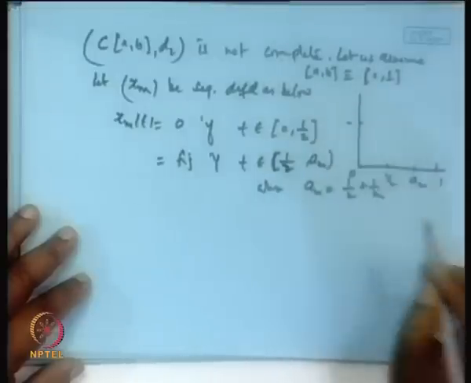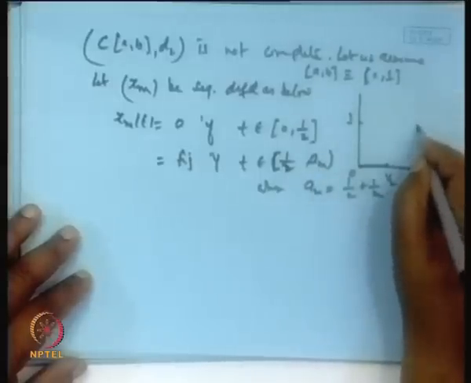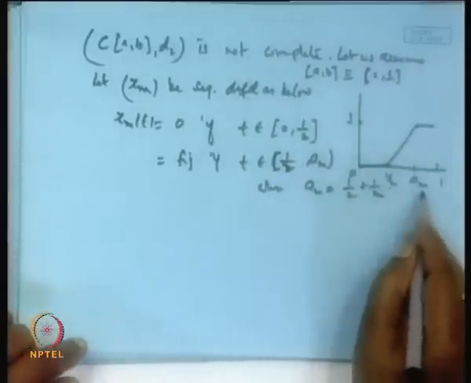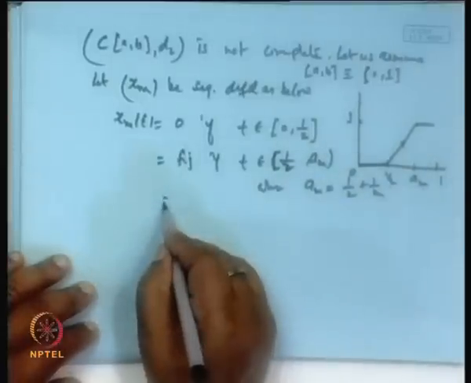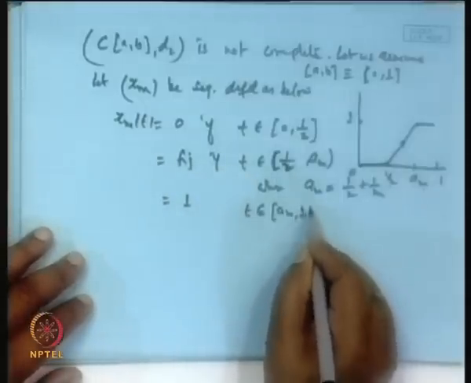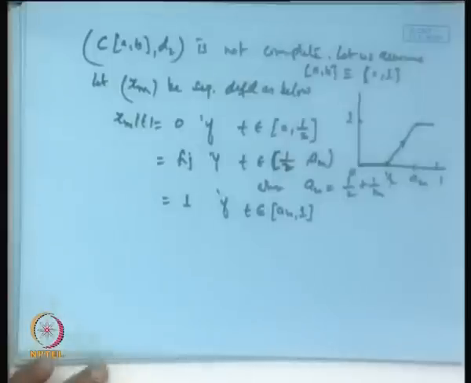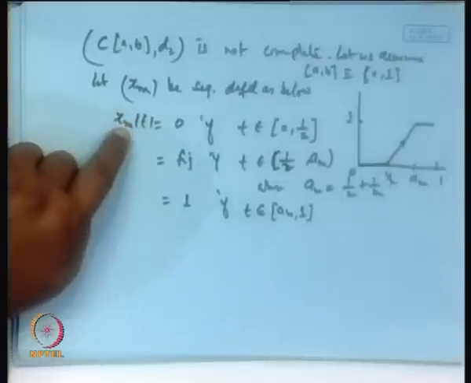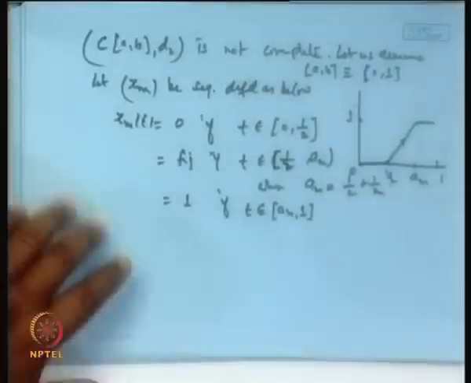So the function is going like this. Between 1/2 and a_m the curve is this, and then from a_m to 1 the value of x_m(t) is 1. I have introduced the x_m as well. Now, this x_m is a continuous function, there is no point of discontinuity at all, clear.